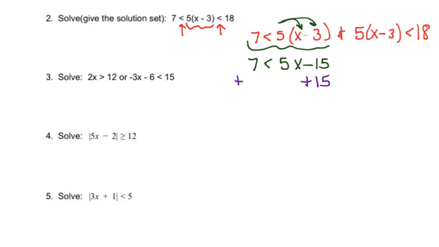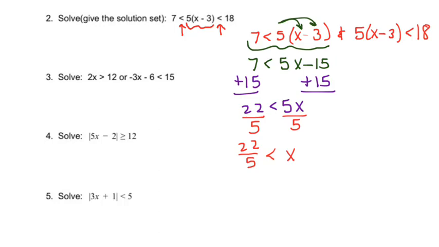This time, I'm not getting x alone on the left. I'm getting x alone on the right, which is fine. Divide by 5. Looks like x is greater than 22 fifths. That is 4 and 2 fifths if you like mixed fractions, or 4.4 if you like decimals.